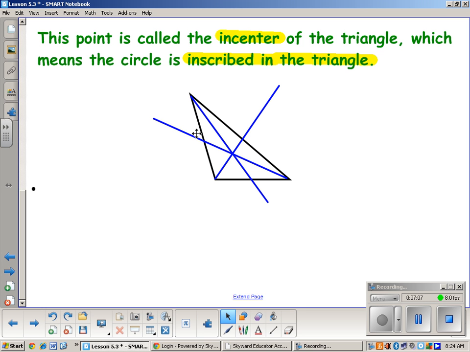Okay, so we get this. Now what I tried to do, and I just did it freehand, so it's not totally accurate. Those would be equal, these would be equal, and as I look at them from this side, they really don't look equal. But anyway, that's the idea. You make sure all of those are equal.